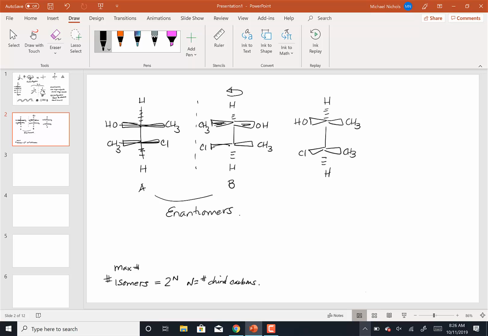So what can I do to draw the last structure? Let's draw its mirror image. The molecule I just drew, let's draw its mirror image.